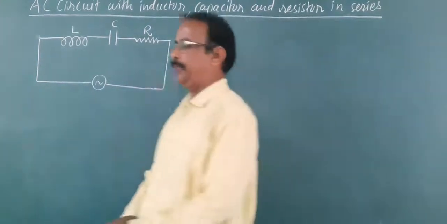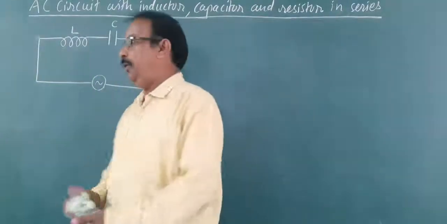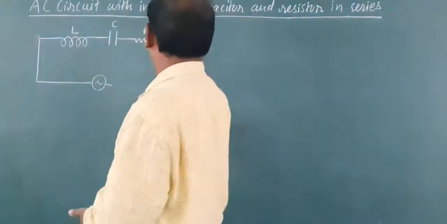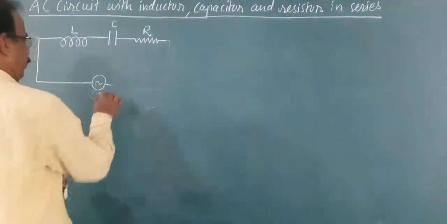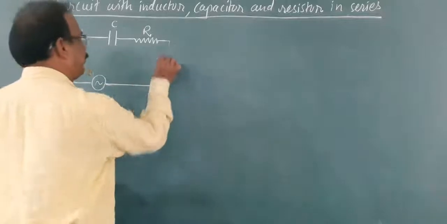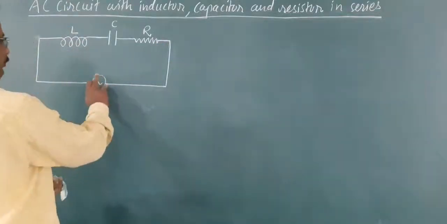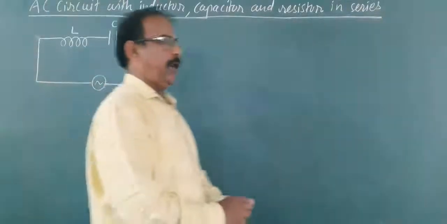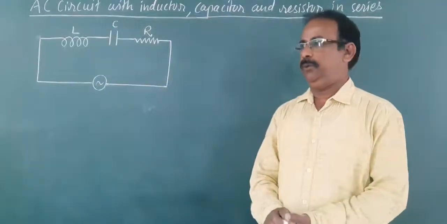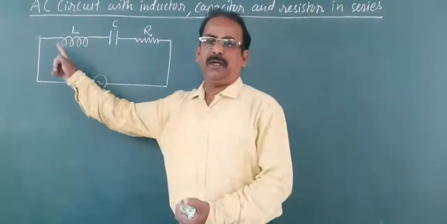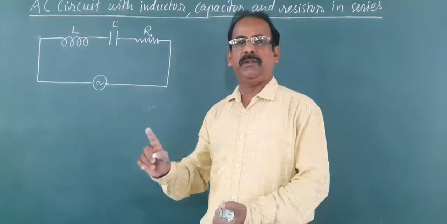Now, you know that in series combination, the current passing through different components is same. You get same current in all these three components: inductor, capacitor, resistor.